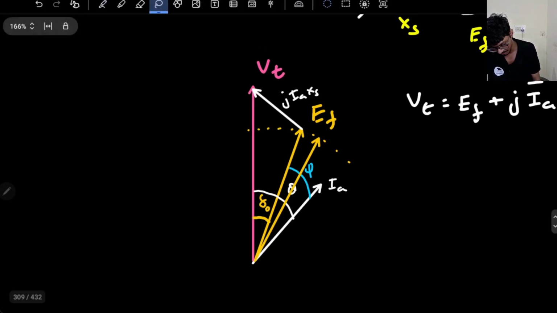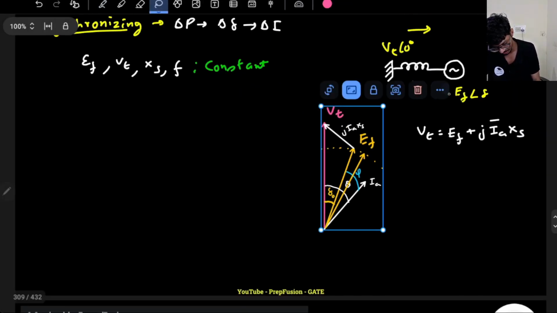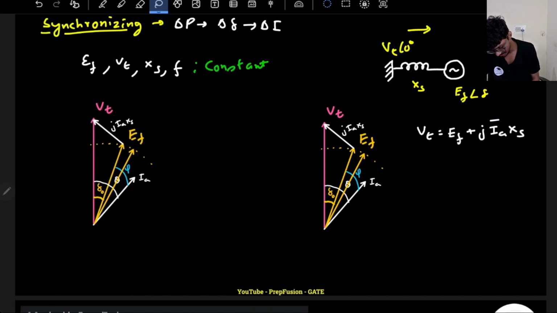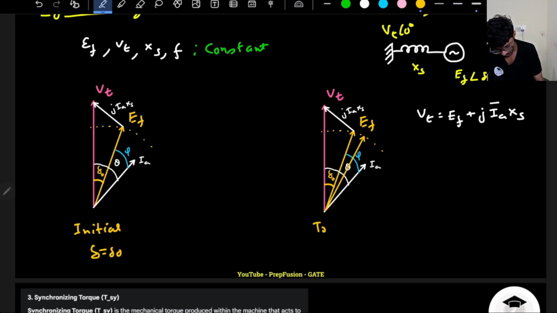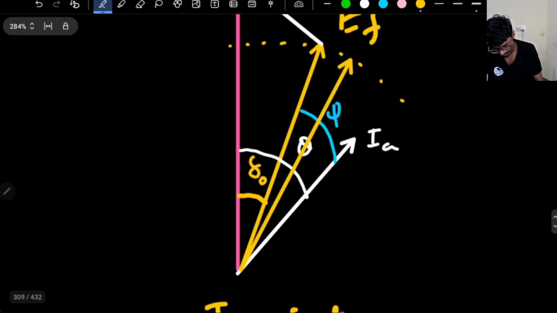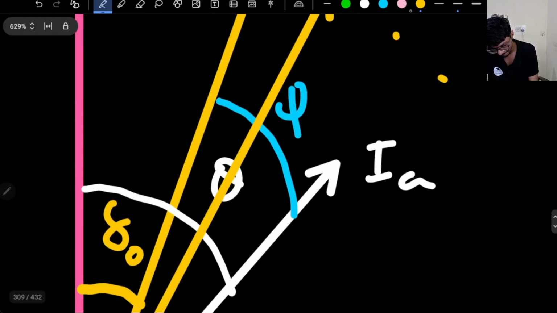Let me draw this in a different phasor, otherwise you will get confused. So this was the initial case, where delta equals delta naught, and this is the transient state where suddenly my delta changed to delta naught plus del delta.